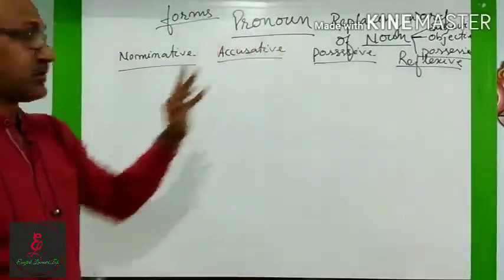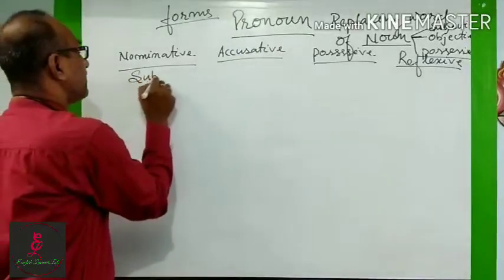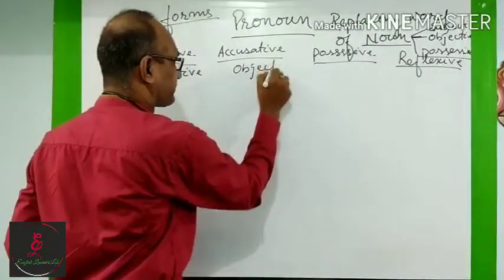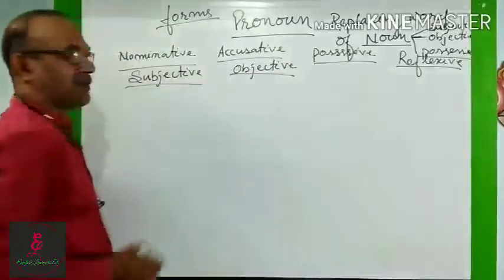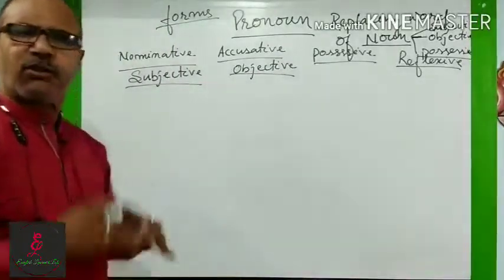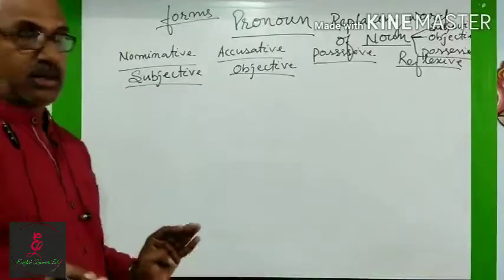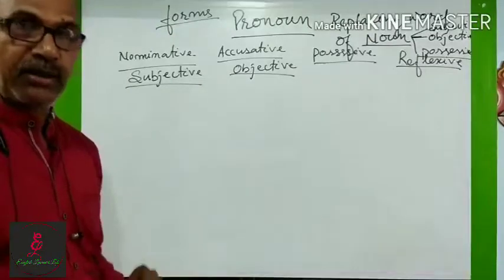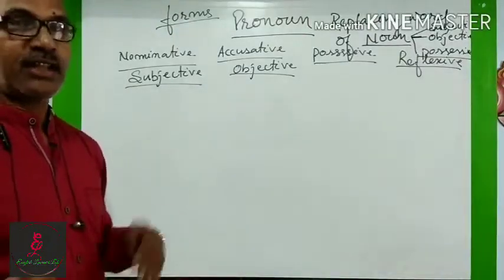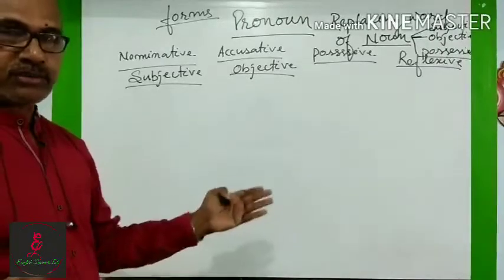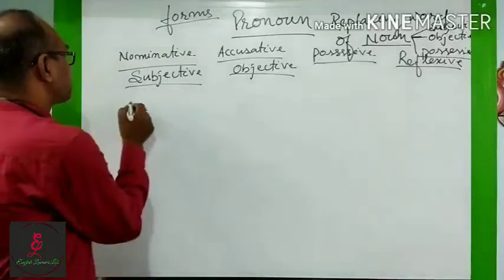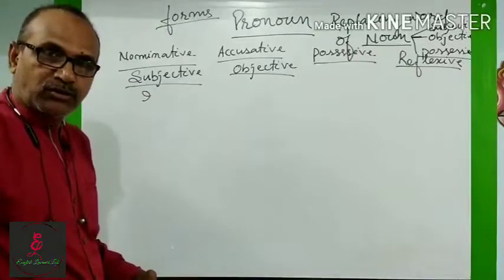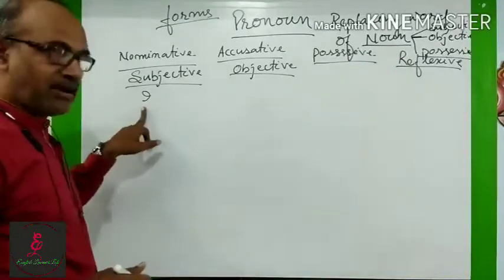Under these four forms, nominative is called subjective and accusative is objective. We cannot discuss all the pronouns, though they are limited, but we will discuss some of them. They are 14 in number, through which we will understand their uses, their importance, and their forms. Now, first, I. I represents a person who talks about himself.